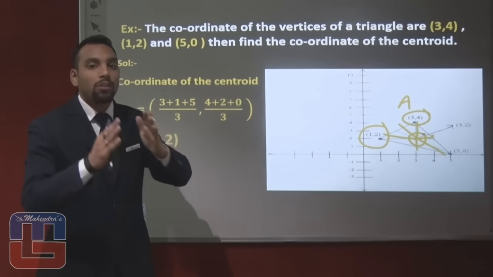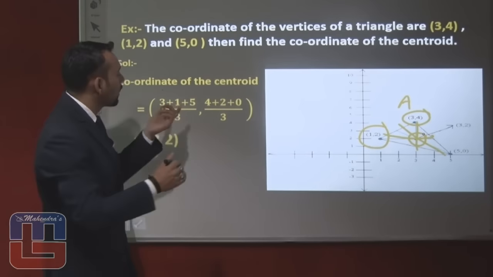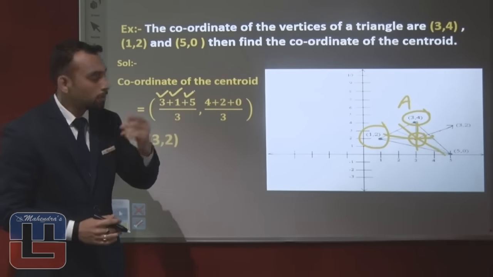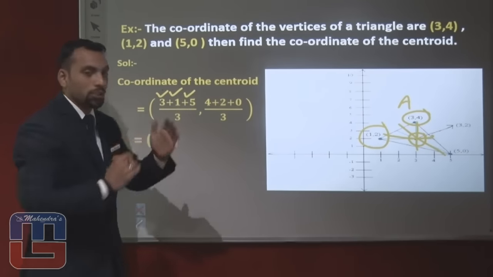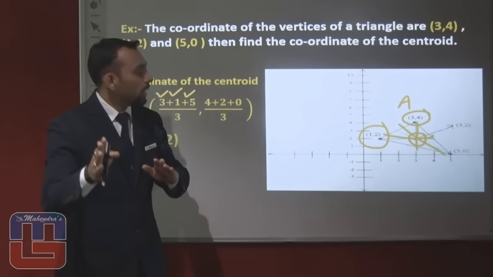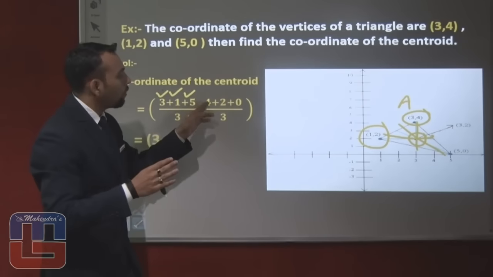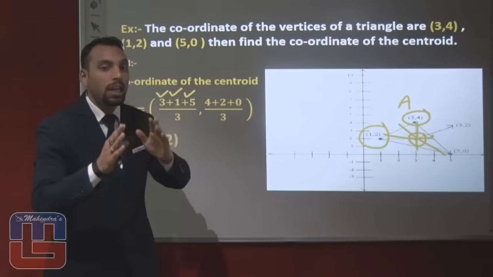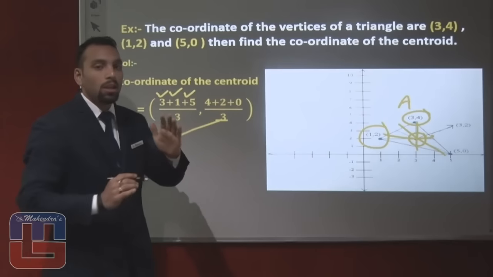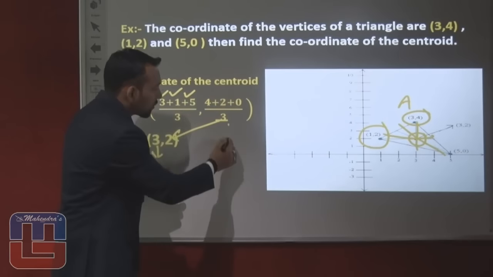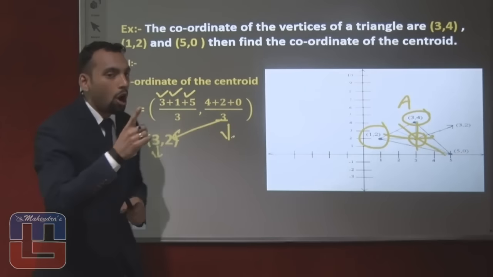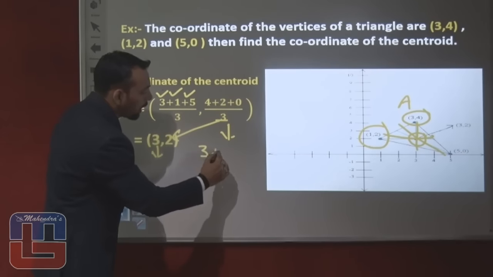Putting in the values, we get 3 plus 1 plus 5 becomes 9 by 3, which equals 3. Similarly for y, putting in the values, we get 4 plus 2 plus 0 by 3, which equals 2. That means with the help of this formula we can find the coordinates of the centroid, and the coordinates of the centroid are (3, 2).